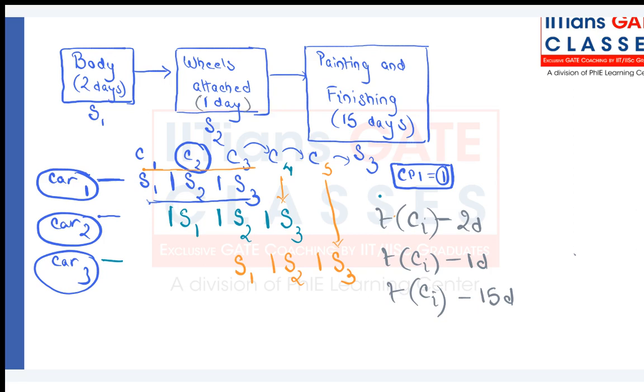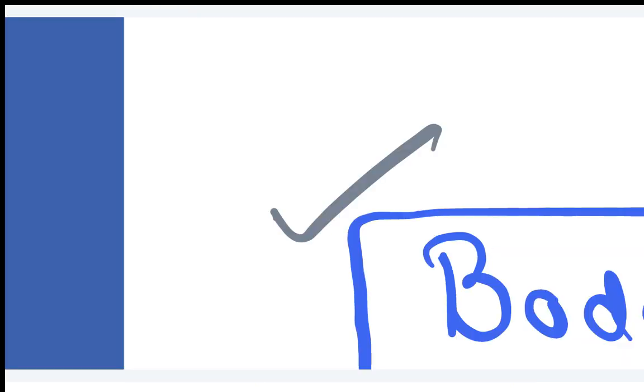If I make the cycle time 2 days, can you complete all stages in 2 days? Your answer will be no, because S3 is taking 15 days. So if I fix the cycle time as 2 days, S1 will finish, S2 will finish, but S3 will not finish. It will be incomplete. It has to take 15 days. So you can't take cycle time as 2 days.